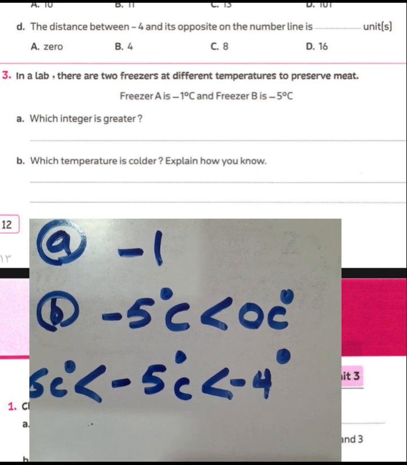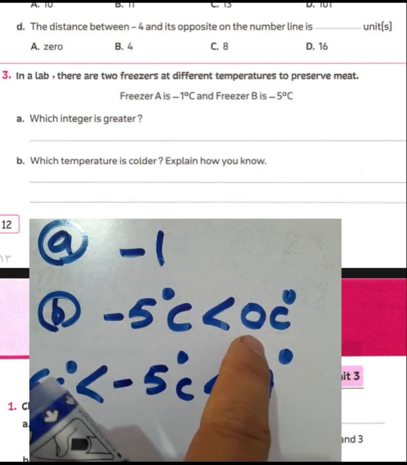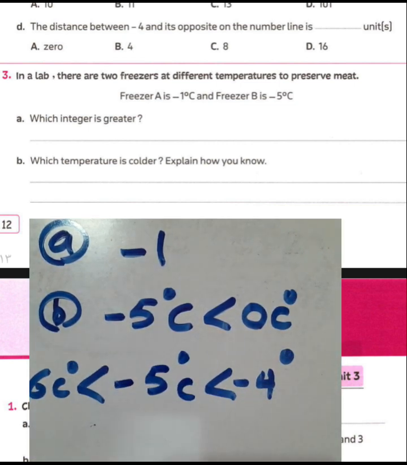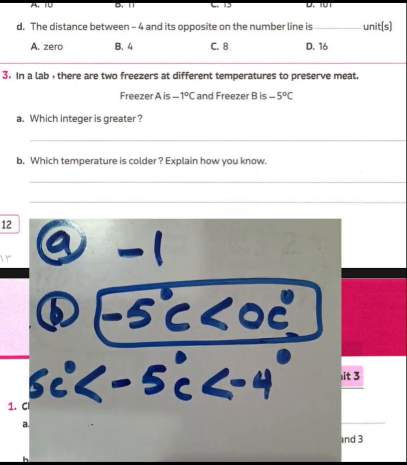Okay, then the colder temperature here will be -5, because -5 degrees Celsius is less than 0 degrees Celsius. You can write this solution for question letter B. Understood?